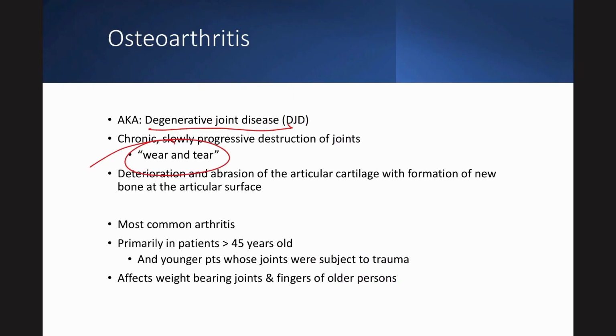Okay, so with age and elderly people who do a lot of manual labor their whole life, they're going to have some form of arthritis later on. We get deterioration and abrasion of the articular cartilage, and then we get formation of new bone at the articular surface. Do you want bone to grow on that articular surface?